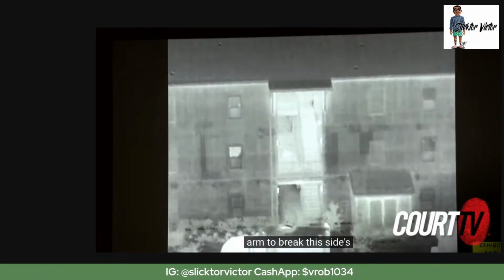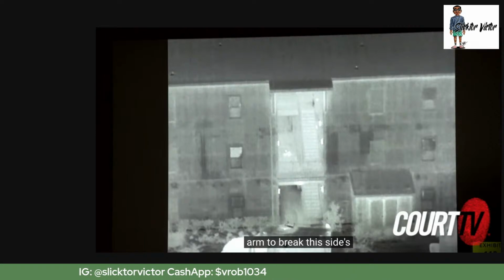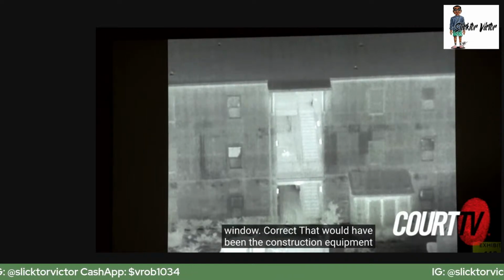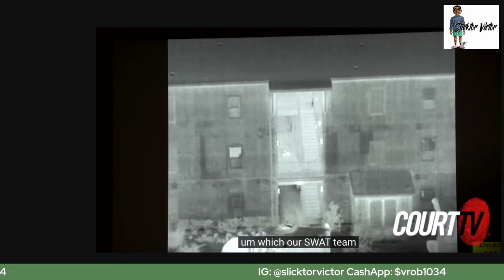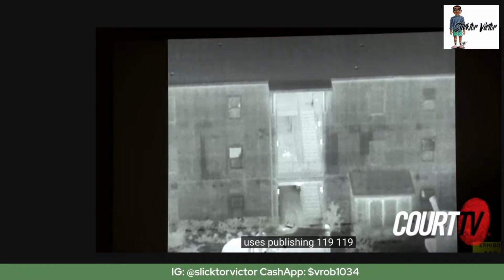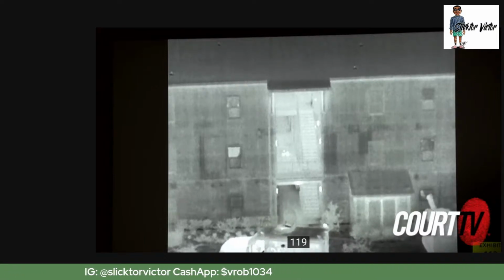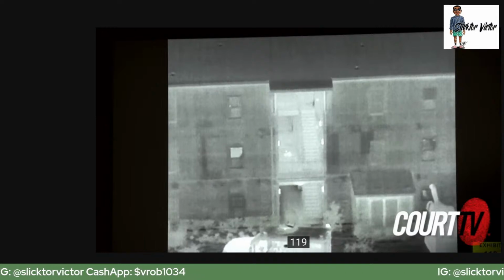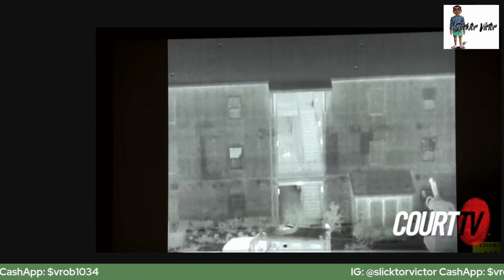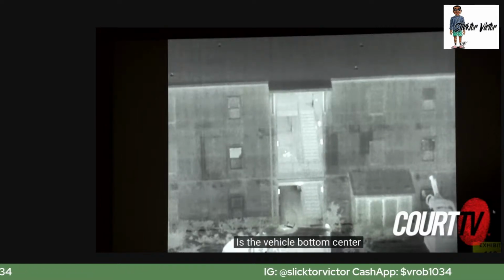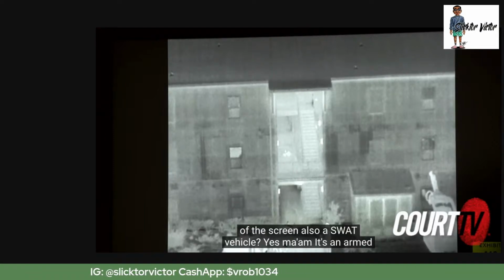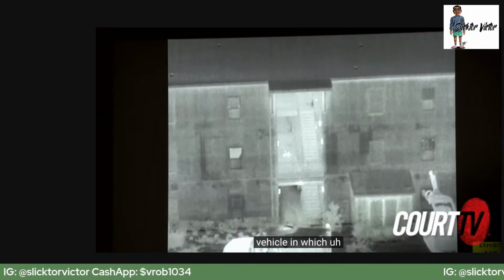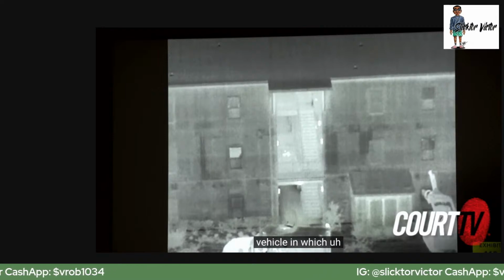Publishing 119. Is the vehicle at the bottom center of the screen also a SWAT vehicle? Yes, ma'am. It's an armored vehicle in which they were ready to make contact should Rashad Murphy have come out of the apartment. Other surveillance items that were utilized, did they include drones? That is correct.